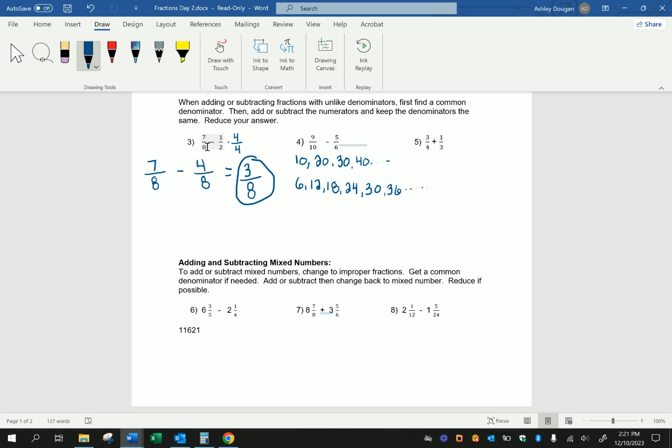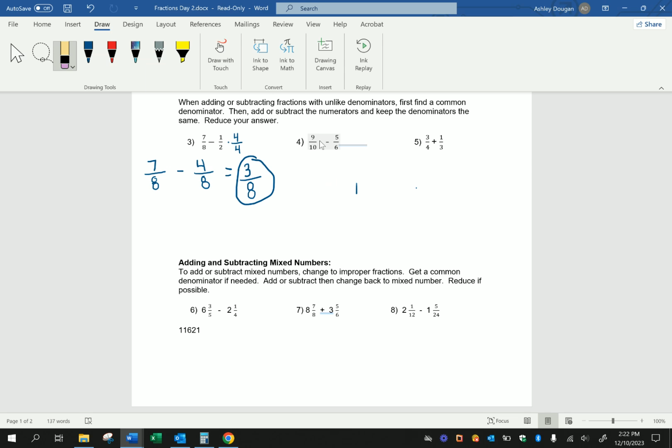But if I notice, there's a number that occurs in both lists, and that's 30. 30 is the smallest number that's a multiple of 10 and also a multiple of 6. So 30 is my common denominator. Again, you don't have to list those out, but if you're having trouble finding it, it can make it a little bit easier to see.